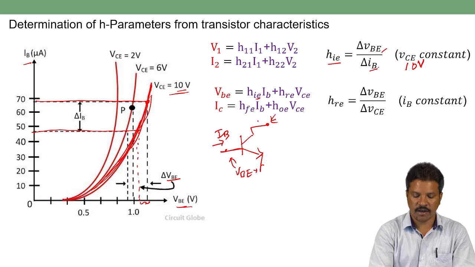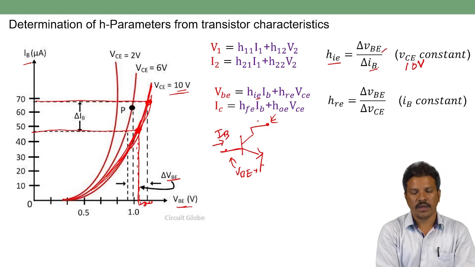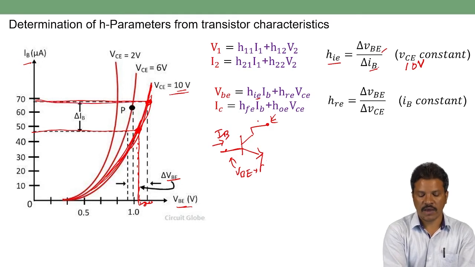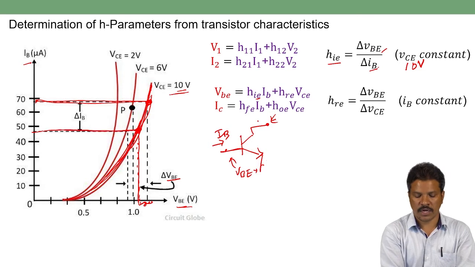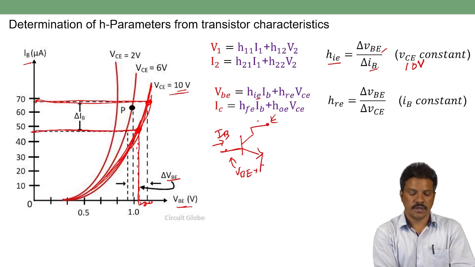On this constant VCE 10 volt graph, the change in voltage represents VBE1 and VBE2. Corresponding currents are approximately 70 microamperes and 48 microamperes.